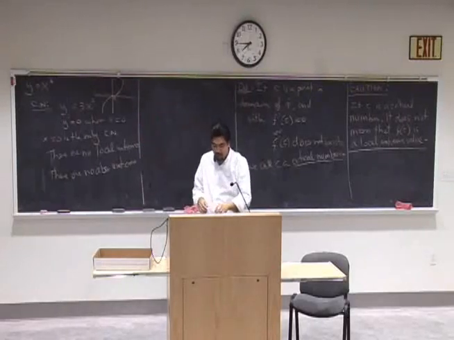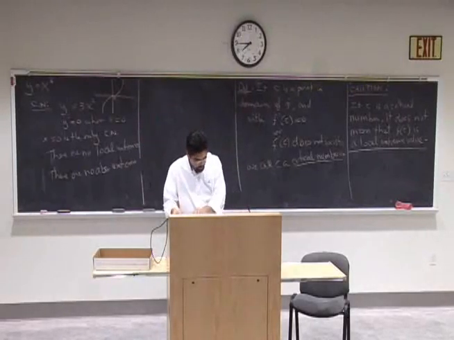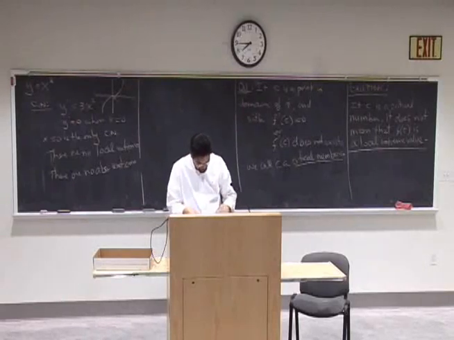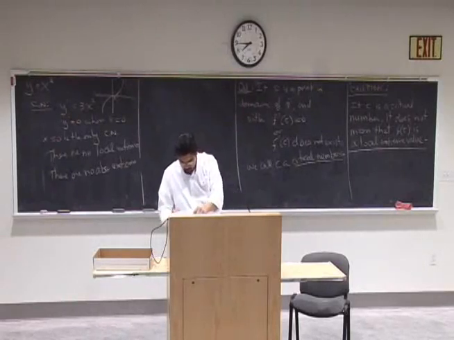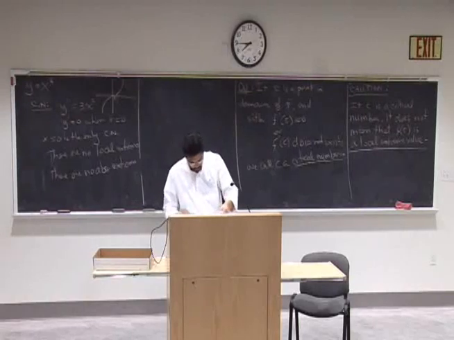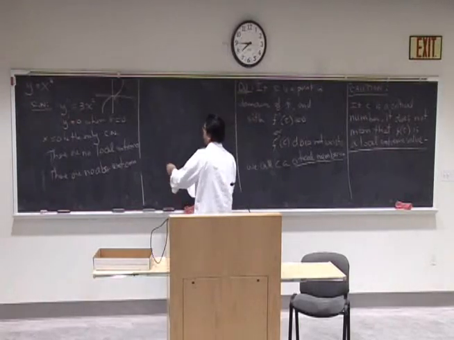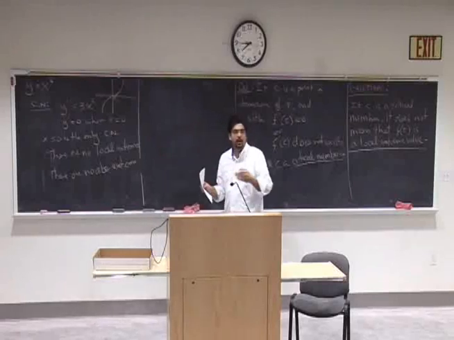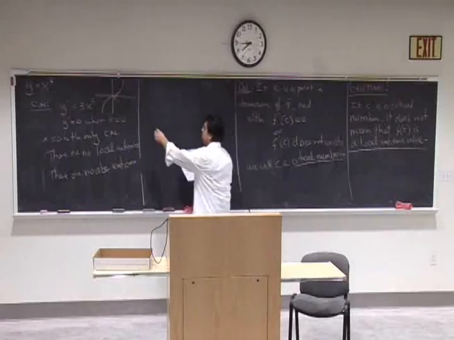So now that we have these ideas formed, I promised you that I'm going to show you how to find absolute maxes and mins, and that's what we're going to do now.